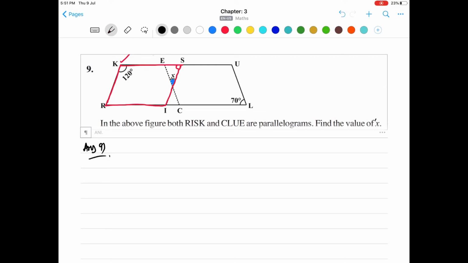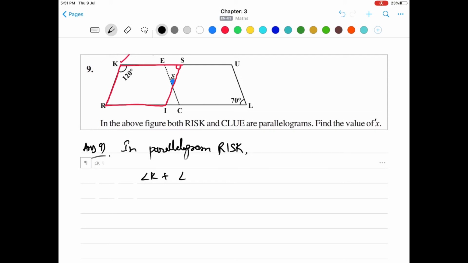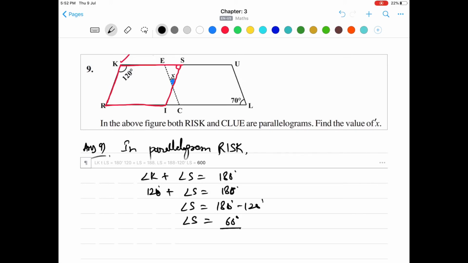So we'll write in parallelogram RISK, angle K plus angle S will be equal to 180 degrees, and angle K is given, which is 120 degrees, plus angle S will be equal to 180 degrees. So angle S will be 180 degrees minus 120 degrees, hence S is equal to 60 degrees.